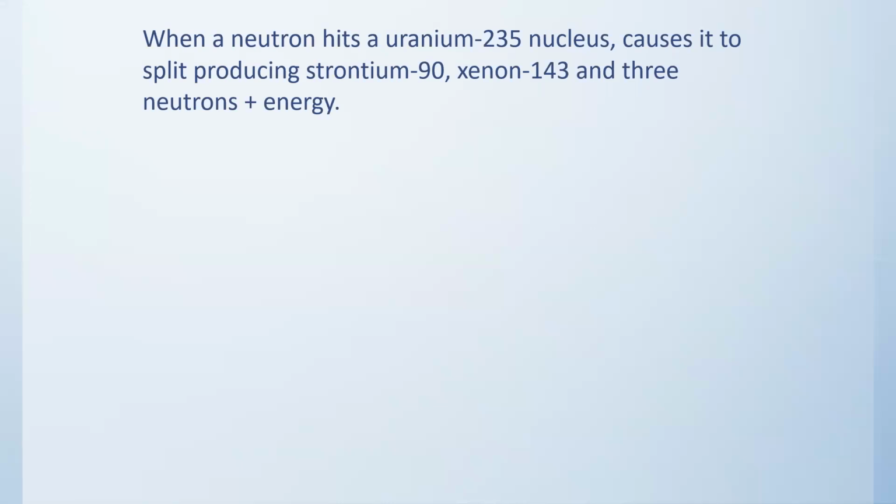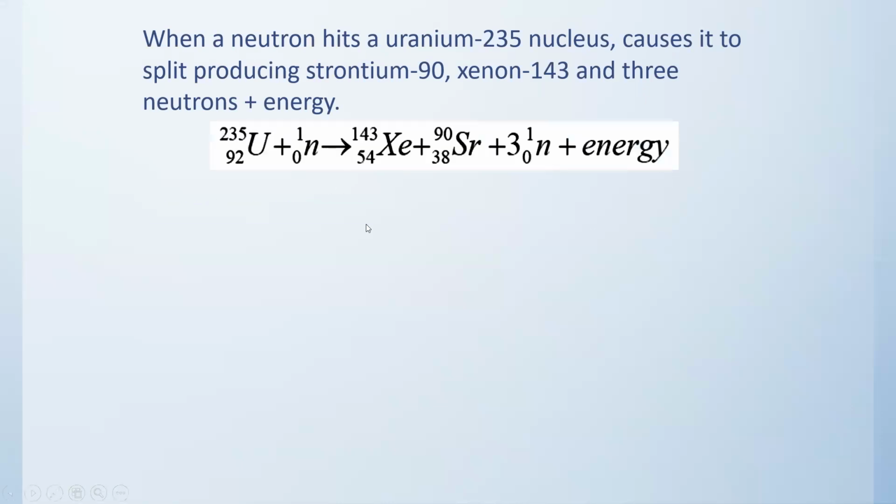So this is the equation for nuclear fission. Uranium-235 is targeted by a neutron, forming two different elements, three more neutrons and energy. It's a chain reaction, because it produces three more neutrons, which can also contribute to a greater number of fissions.